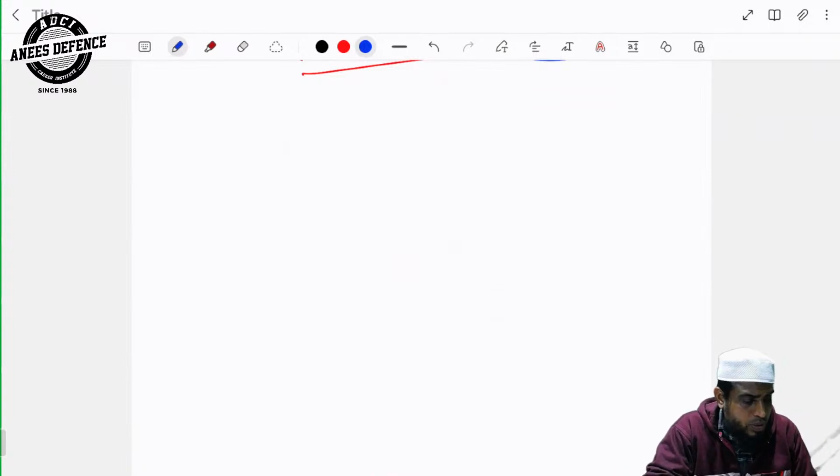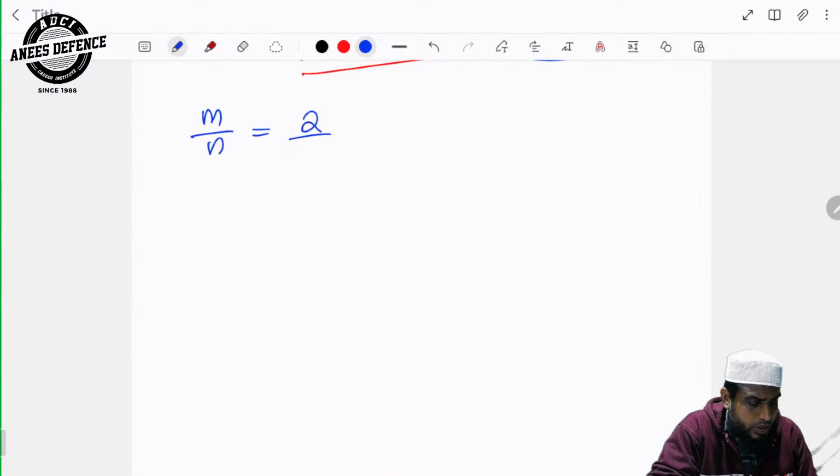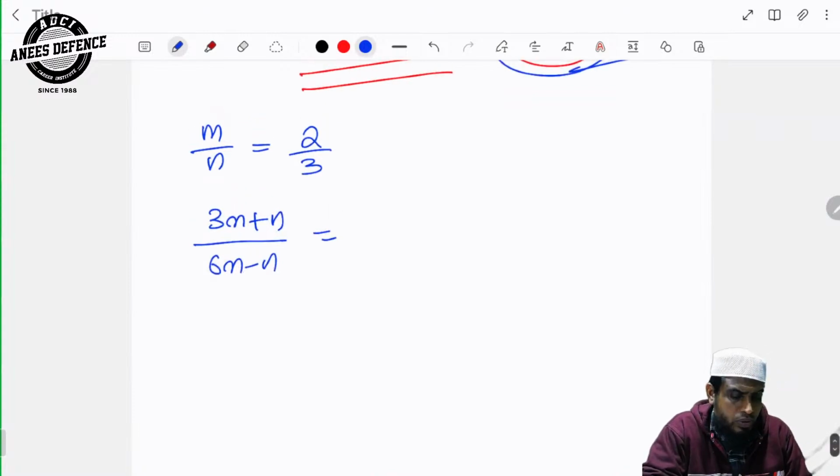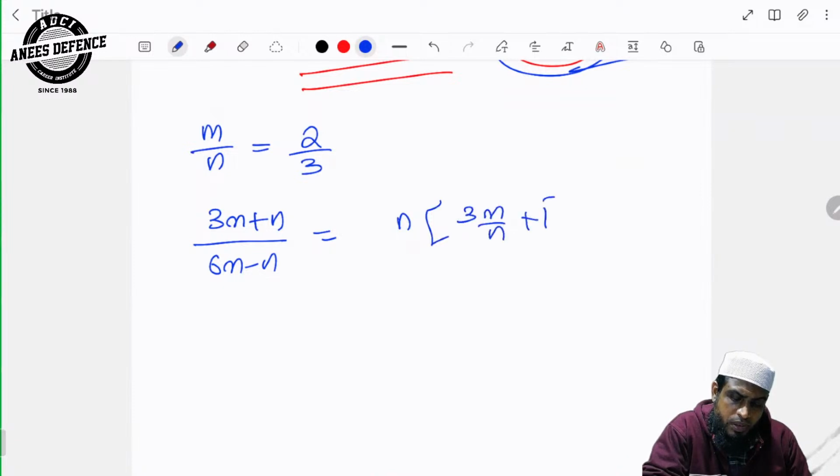Next question. The ratio between m and n is 2 by 3. Then find the value of (3m plus n) by (6m minus n). So this is a simple question. You can take n common. So you'll be getting (3m by n plus 1) by (6m by n minus 1).